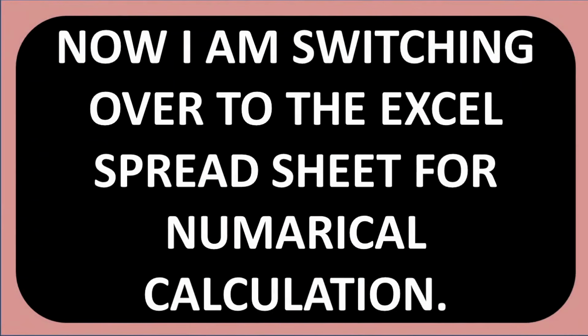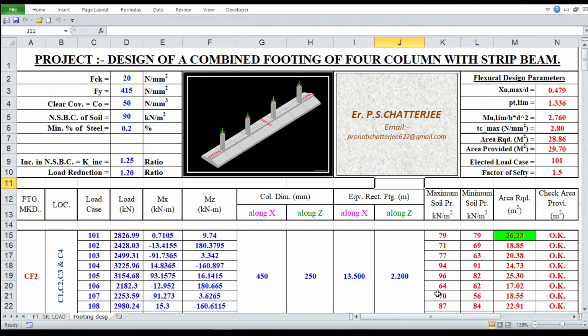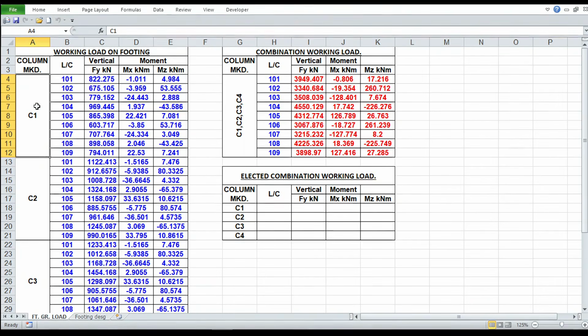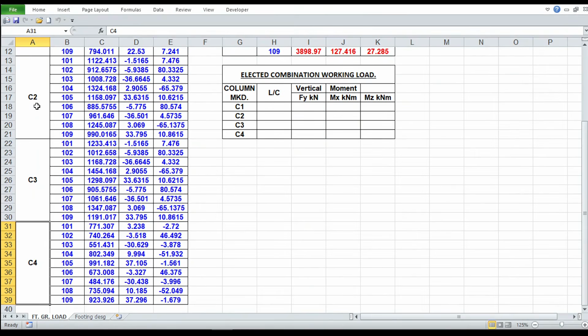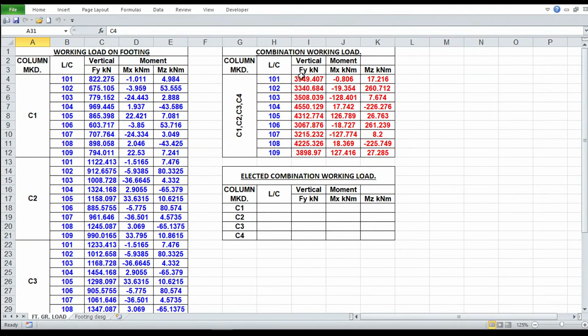Now I'm switching over to the Excel spreadsheet for the numerical calculation. Welcome to my Excel spreadsheet for the numerical analysis. These are the loads on column C1, C2, C3, C4. And this is our combination working load case.